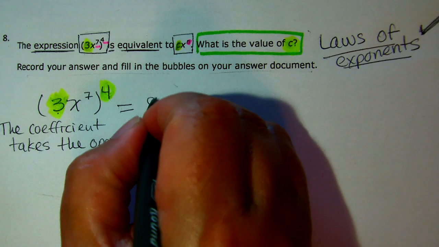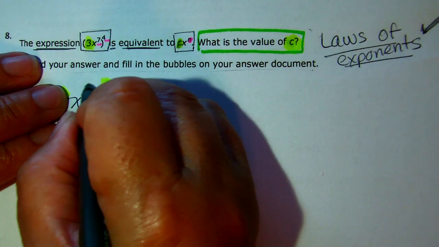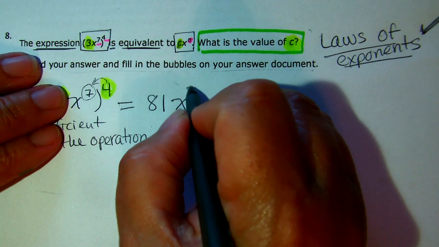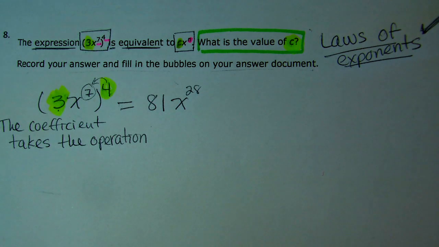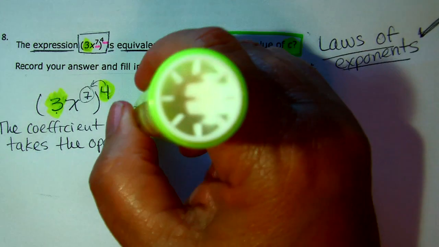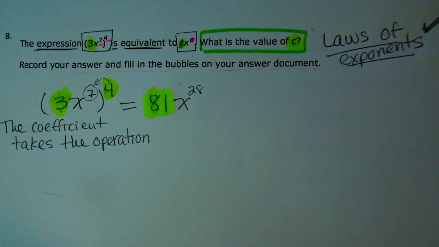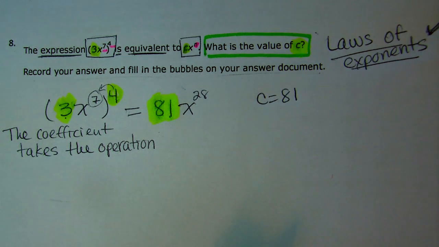This is equivalent to 81. Of course, if you do the rest, power to a power, you multiply the power. 7 times 4 is 28. But they're only asking you about the C, the number that you have right here in front of the X. So that number is 81. So C equals 81, okay?